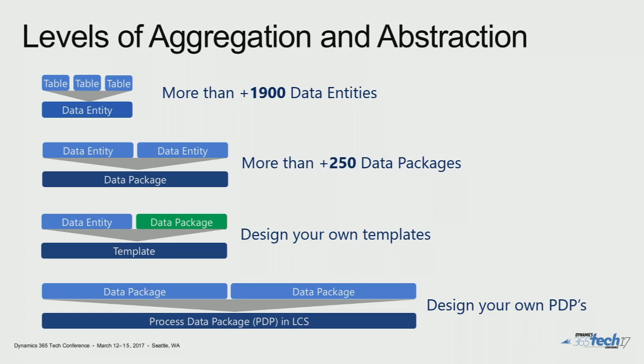I still remember when we had the CTP releases, we had only 1,000, and after 1 year, we almost doubled the number of data entities, and we are still adding more. So you can imagine the experience of the first implementations with a certain number of data entities compared to what you have right now. And we keep adding more.